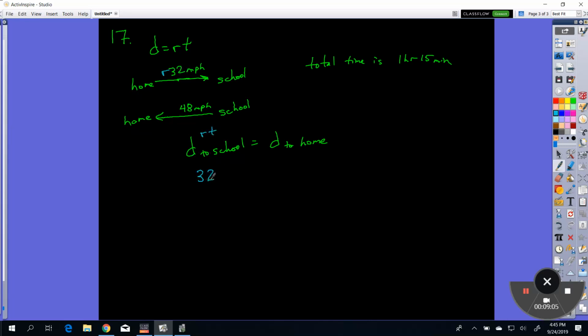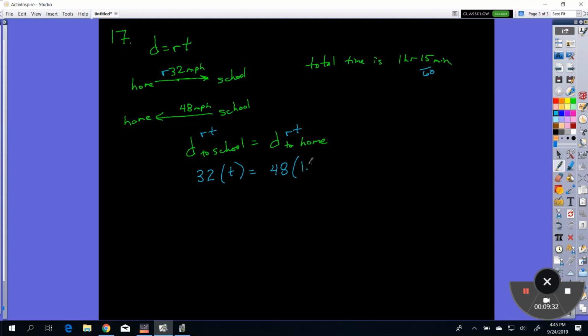So I have 32, and I don't know how long it took, so I'm just going to call this one T. Distance to home, so rate times time. So that's 48 miles per hour. And I don't know how much time it took, but I know it's 1 hour and 15 minutes. So if I think of 15 minutes in terms of an hour, 15 minutes out of 60 is 1/4.